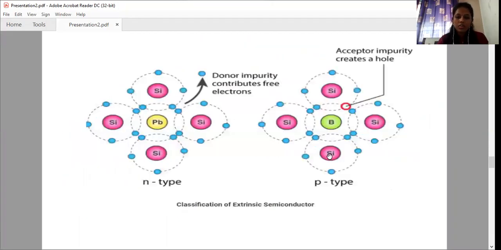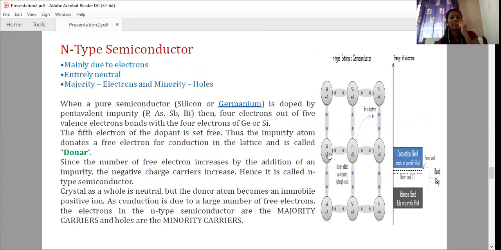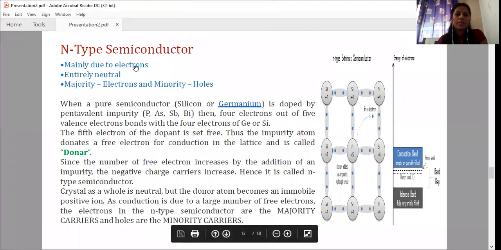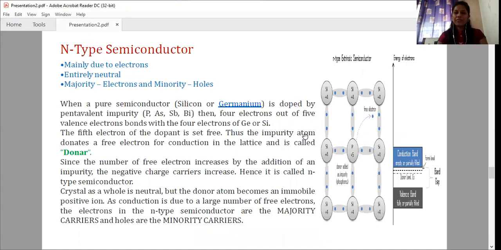Here is the N-type semiconductor. N-type semiconductor conduction is mainly due to electrons, and it is entirely neutral, with majority carriers electrons and minority carriers holes. In this diagram we use silicon.